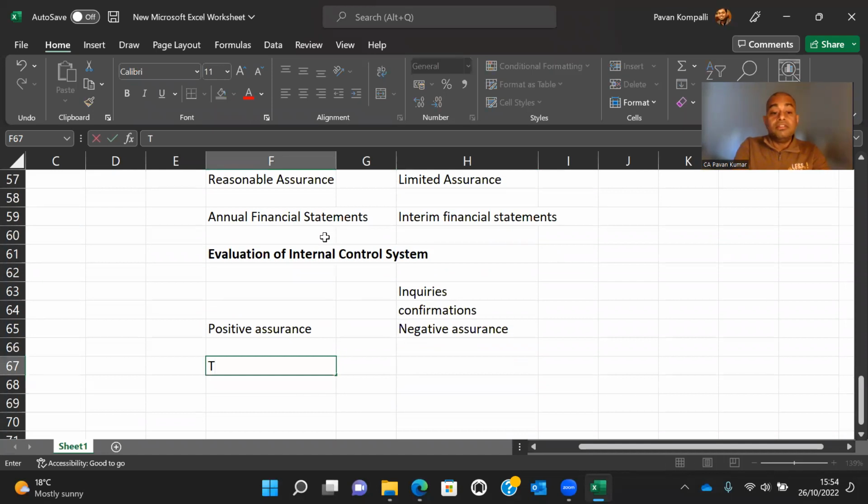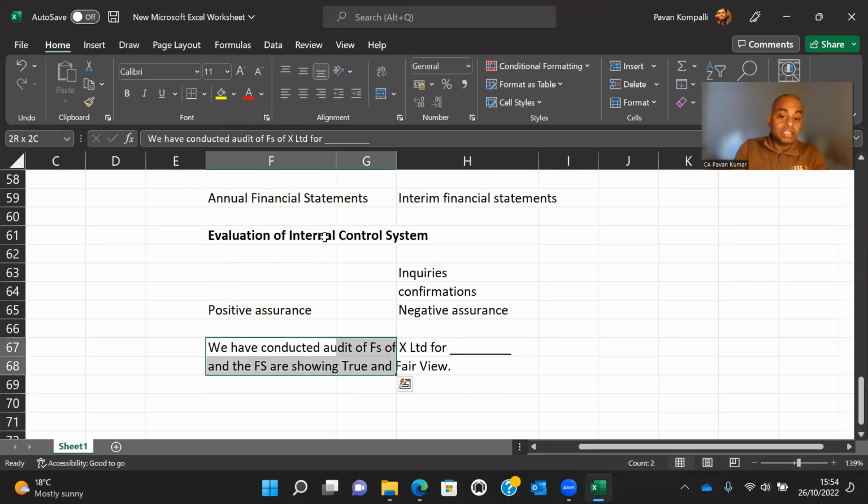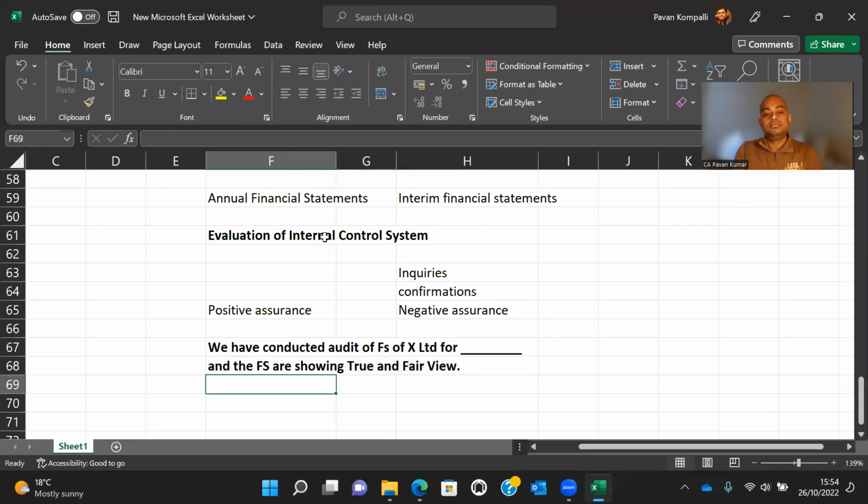Here you say, we have conducted audit of the financial statements of X Limited for the period ending so and so, and the financial statements are showing a true and fair view. This is the audit report, yes or no? Do you agree with me? The audit report will be given like this. Guys, do you agree with me?